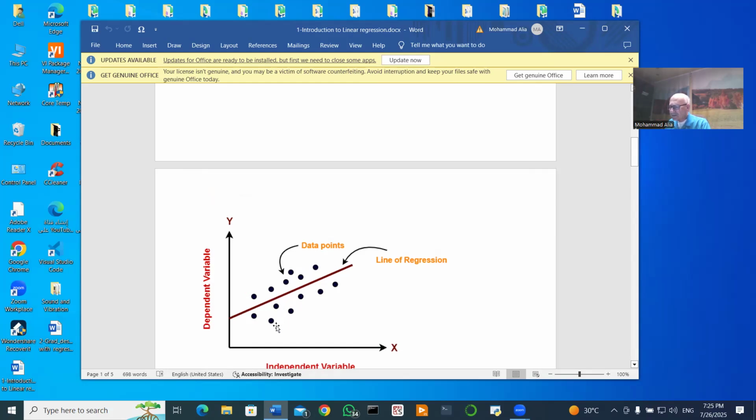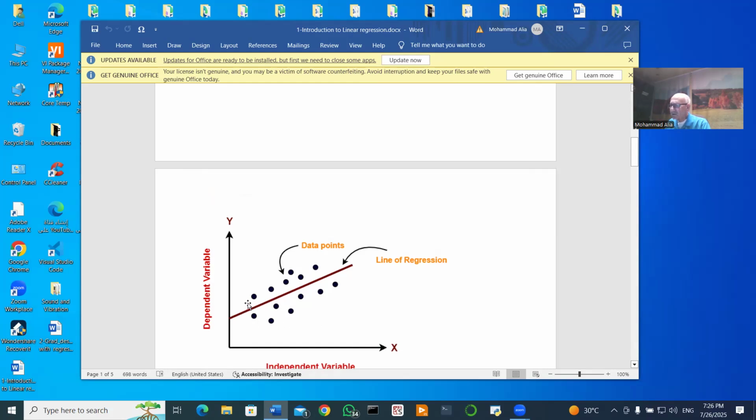But really, it is still difficult for us to make use of these points directly in order to define for every input value what is the corresponding output value. We cannot do that directly, even by statistics. So regression is used to solve this problem.